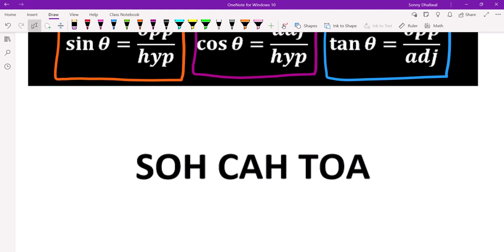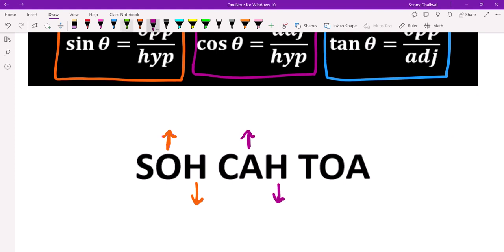So now, the way this works is these are the 3 equations. My sine formula is my opposite side, maybe I'll do in green, orange, over my hypotenuse side. My cosine formula is my adjacent side over my hypotenuse side.